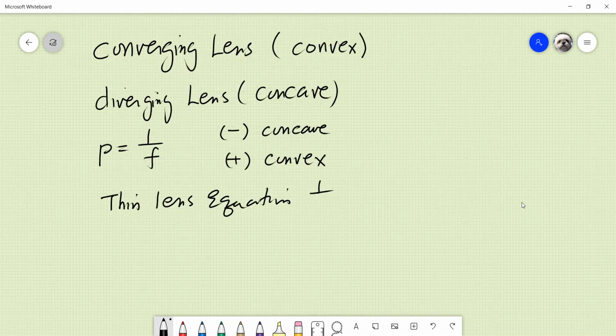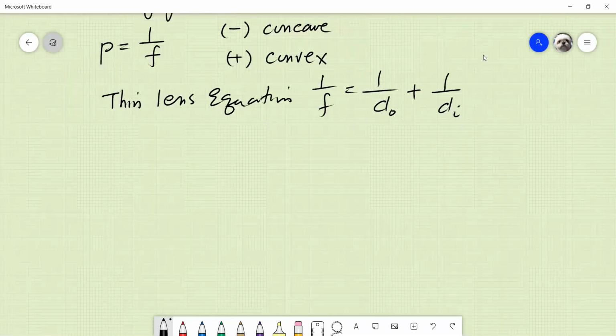So the form is still the same: 1 over F is equal to 1 over dO plus 1 over di. And of course, dO and di are the object distance and the image distance. Now I'm gonna do the concave lens first. No, I'm sorry, the convex lens first.